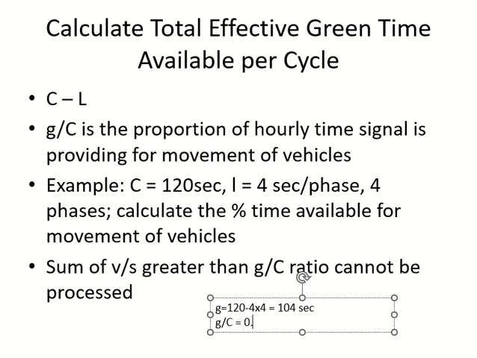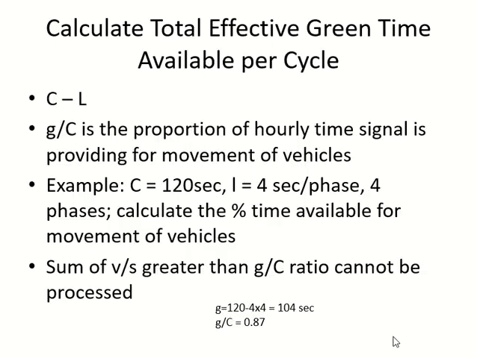This G by C ratio should be more than the summation of the V by S ratio, volume to saturation flow rate ratio. If it is not, that means again the design is not possible. If this ratio increases, capacity of the signal increases. If this ratio decreases, capacity decreases.